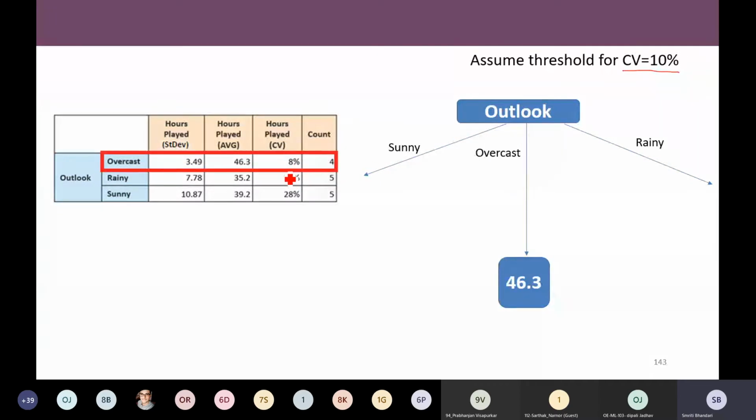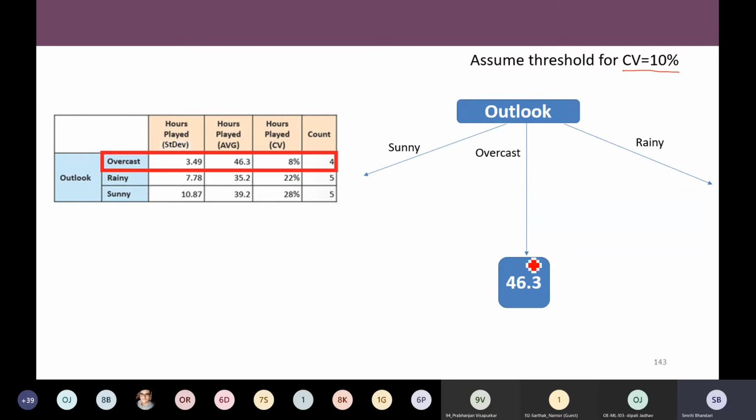If the CV value for a particular branch is less than our threshold, then that is our stopping criteria. Meaning, for overcast, we are not going to expand our decision tree further.